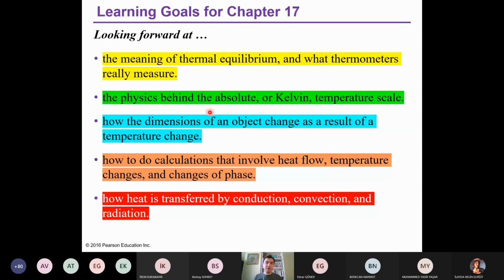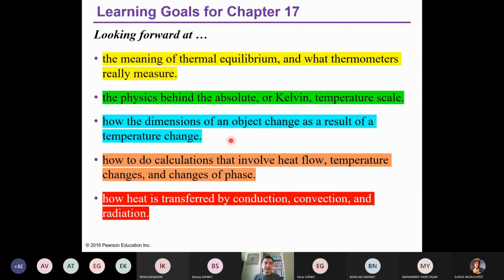And then we will learn how the dimensions of an object change as a result of a temperature change. This is thermal expansion or thermal shrinking. So the shape of the object changes as a function of temperature. This is also very important for industrial applications, for engineering applications.